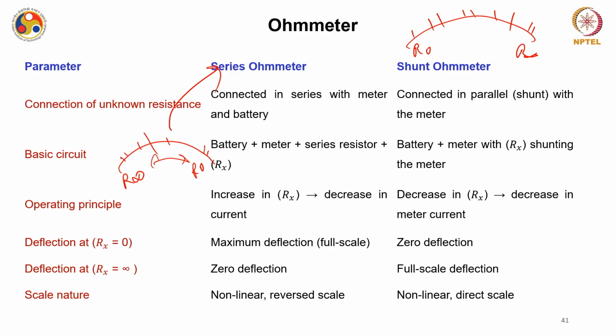The maximum deflection is at Rx equal to 0 in the series ohm meter because of its connection, and at Rx equal to infinite the series ohm meter has 0 deflection, while the shunt ohm meter has full scale deflection. The scale nature in both cases is of course non-linear. However, the series ohm meter has a reversed scale, while the shunt ohm meter has the direct scale that we normally utilize.